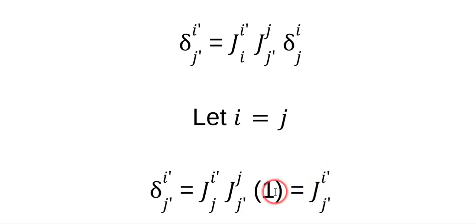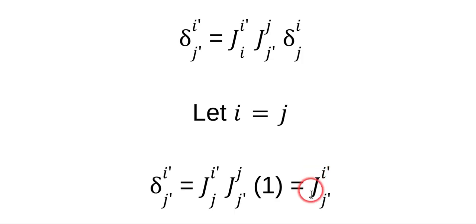All right, so I replace this I with a J. Now look at this. This is what we actually did in the video right before this. This is a contraction. So this J gets absorbed, and we're left with this J I prime J prime, equal, or does it equal the Kronecker Delta I prime J prime?